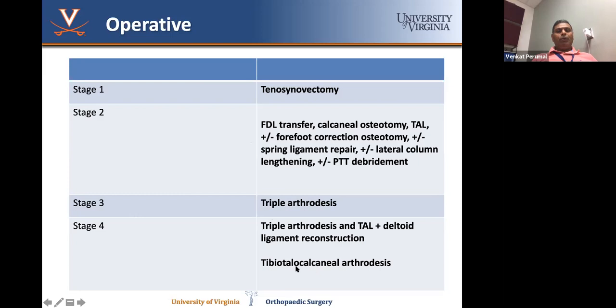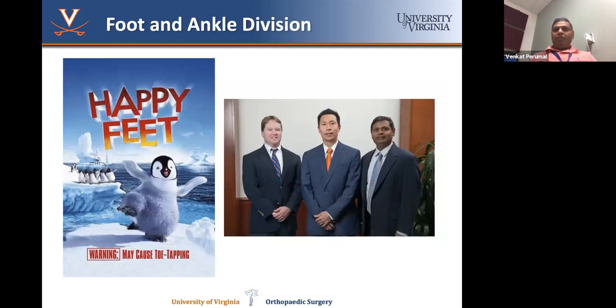Stage 4, we have to address the ankle. It's either a talar calcaneal arthrodesis, or we can do a deltoid reconstruction and triple, as well as the ankle replacement. That's it from me. Thanks, Venkat.